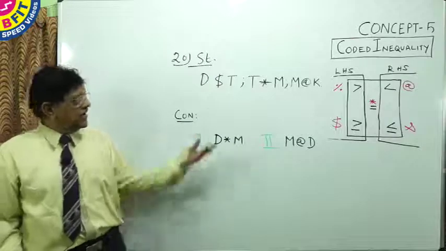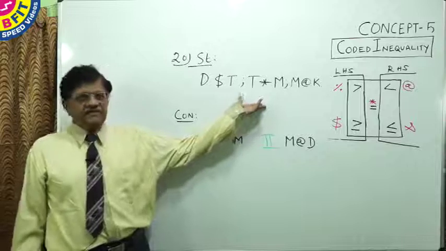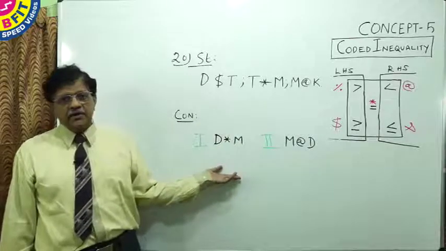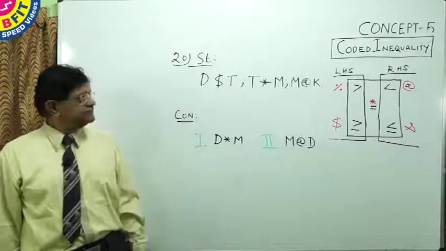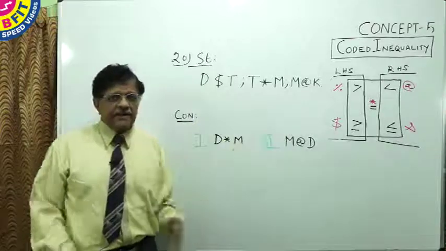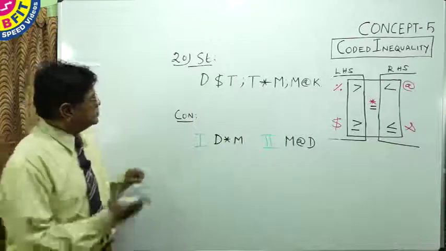As usual, I have written the given 3 statements at the top and the conclusions to be proved at the bottom. Now, if you look at the statements, they can be easily combined into a single statement. Let us do it.